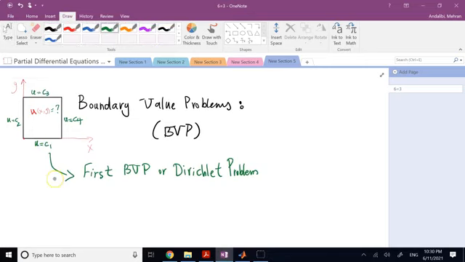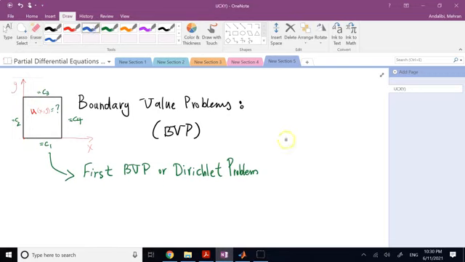The second BVP type is when u is not fixed at the boundaries. Instead, the derivative of u with respect to the normal to the boundary at that location is set.